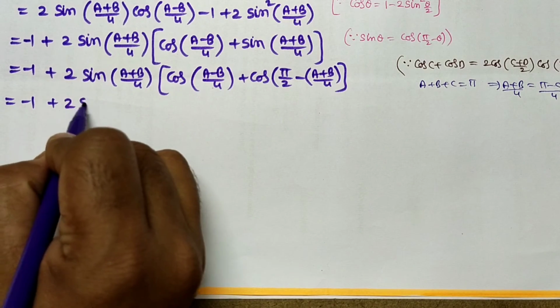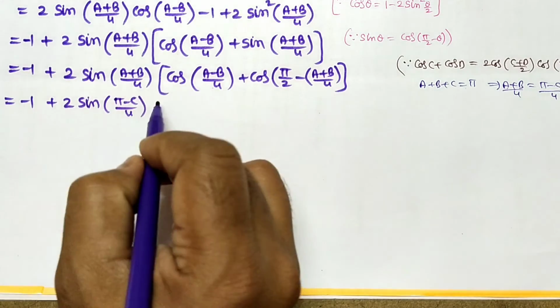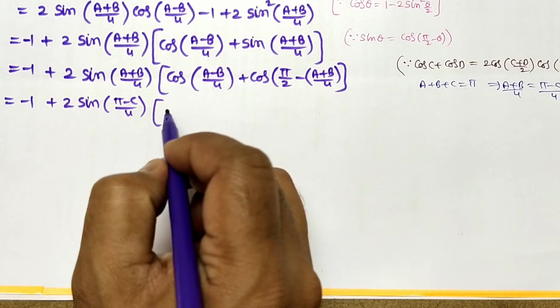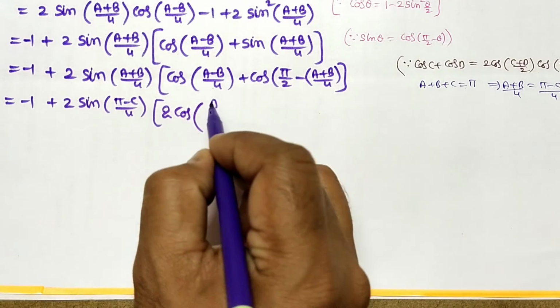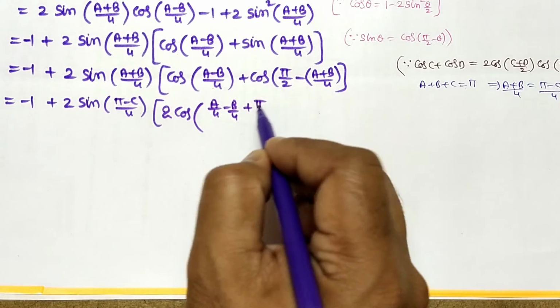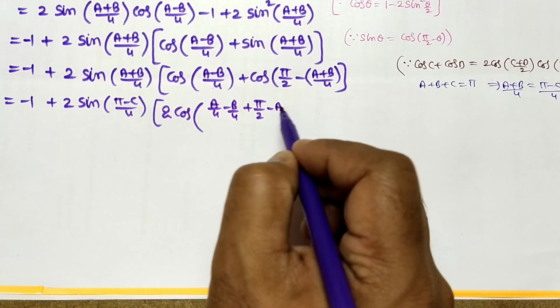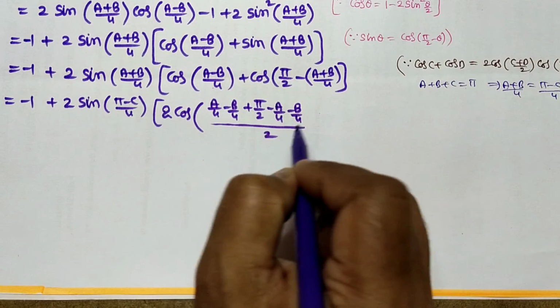So 2 into sine of (pi minus C)/4 into cos C plus cos D, 2 cos (C plus D)/2. That means (A/4 minus B/4 plus pi/2 minus A/4 minus B/4) whole divided by 2.